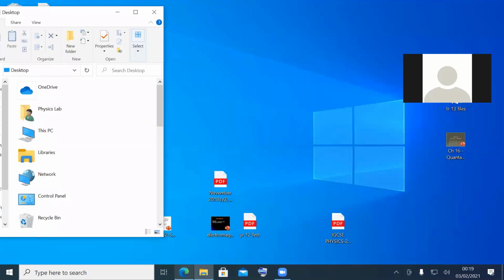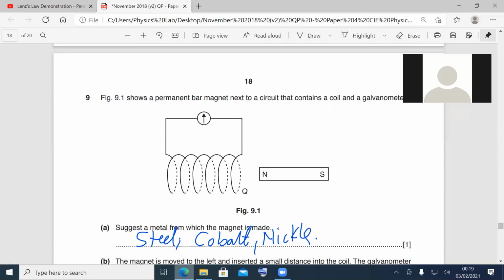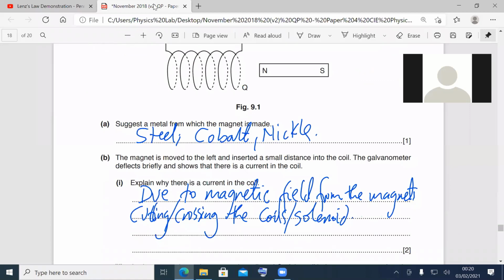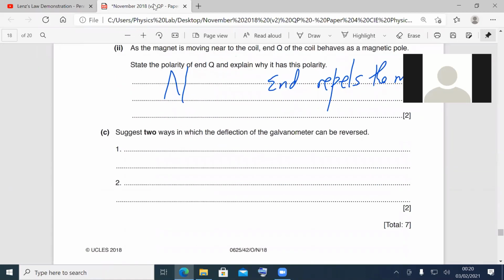State two ways in which the deflection of the galvanometer can be reversed. Number one is by moving the magnet backwards.